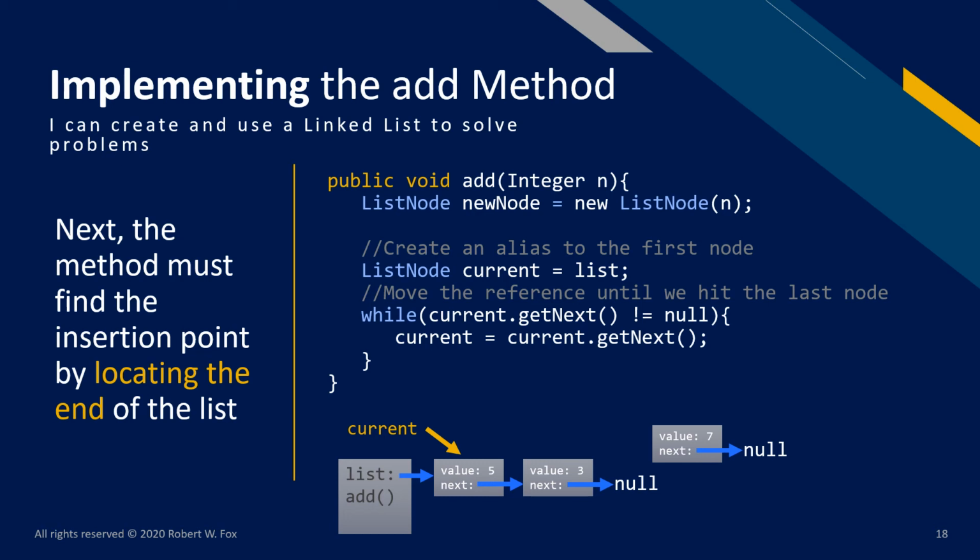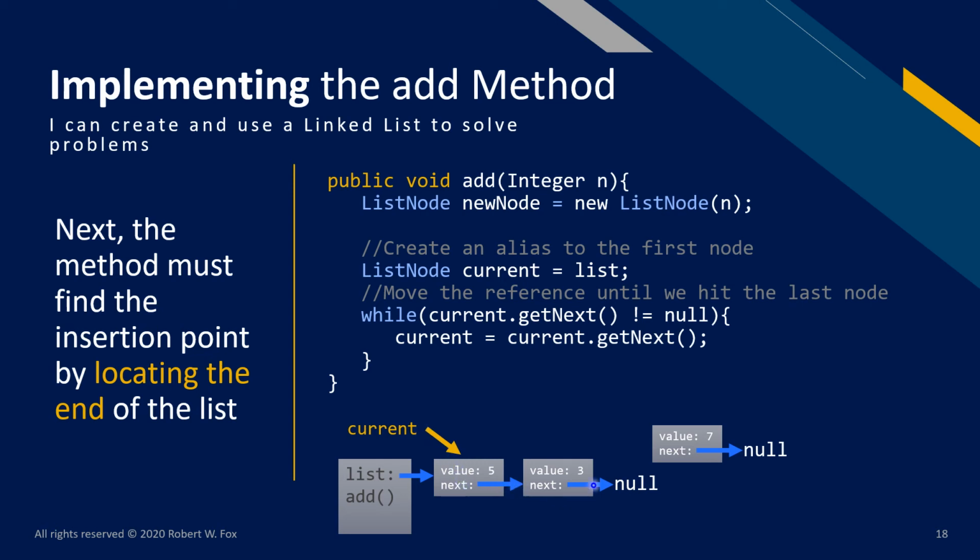And then after that, I have a while loop. The purpose of this while loop is to move current down the list one step at a time until we get to the end, which is where we want to insert our new node. So let's see what the loop says. It starts out by saying while current.getNext does not equal null. Well, let's check it.